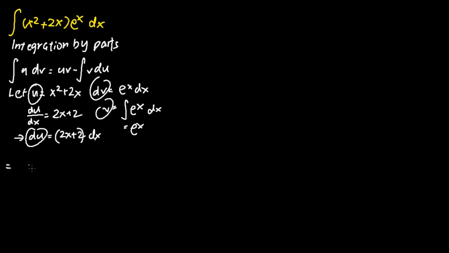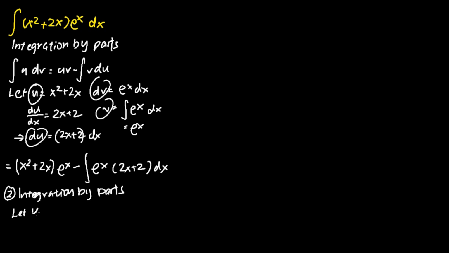I get the following. My u is x squared plus 2x, and my v is e to the power x, subtracting away the integral of e to the power x times 2x plus 2 dx. From here, we will once again apply the integration by parts technique.